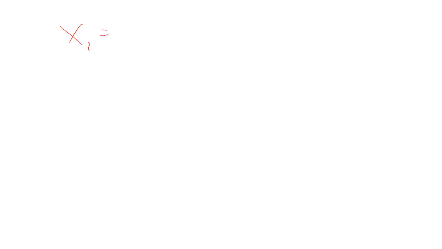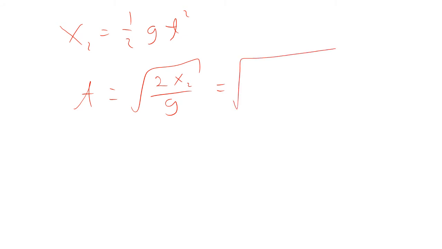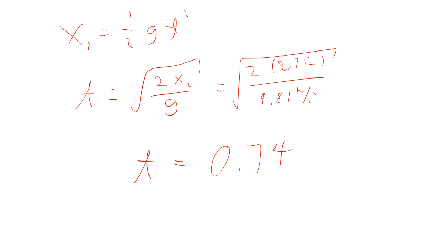x2 equals 1/2 g t squared. And so t is going to be the square root of 2 times x2 divided by g. So that's going to be the square root of 2 times 2.75 meters divided by 9.81 meters per second squared. So t is going to be 0.749 seconds.